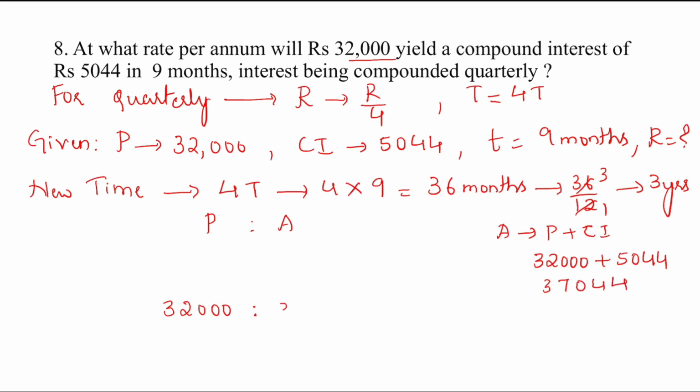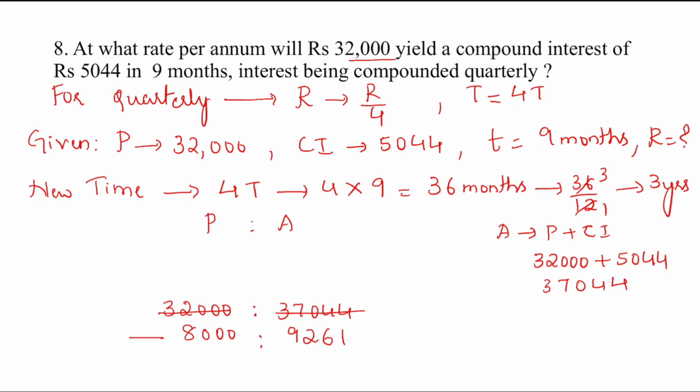So the amount is 37,044. To make it easier, let me cancel this. 4 8s are 32 and 0 0. Now 4 9s are 36, 1 will remain, 4 2s are 8, 2 will remain, 4 6s are 24 and 4 1s are 4. So 8,000 is to 9,261.